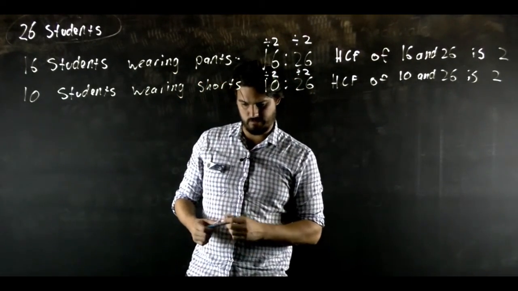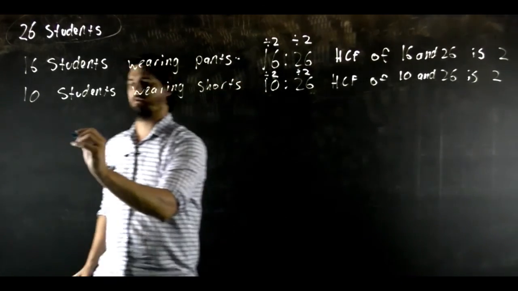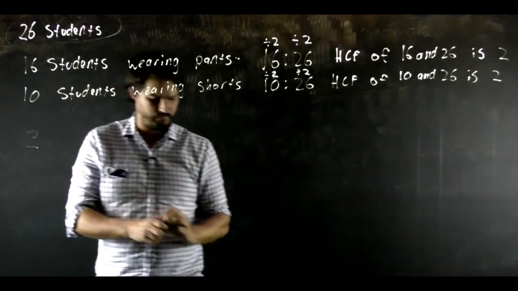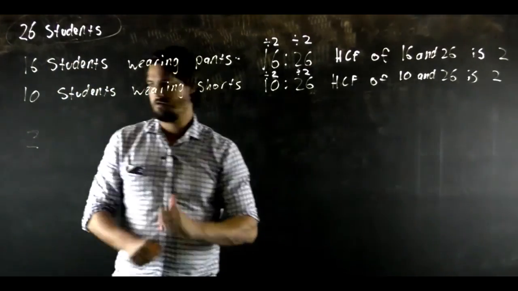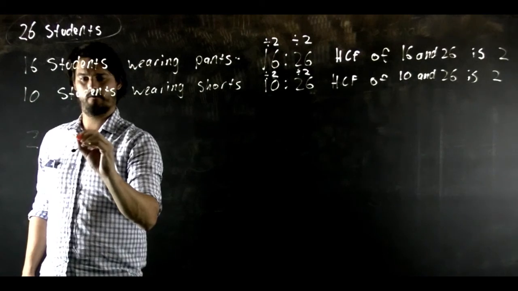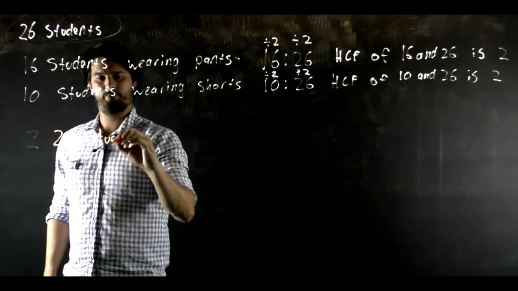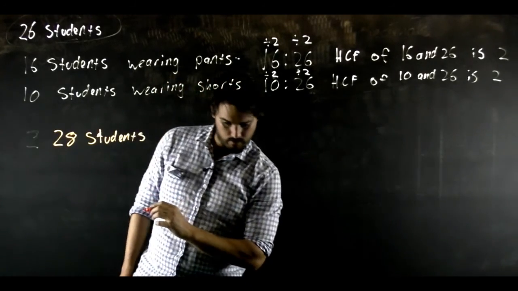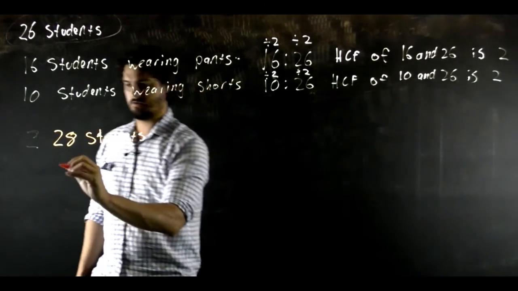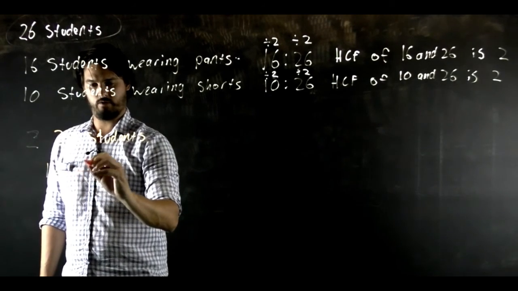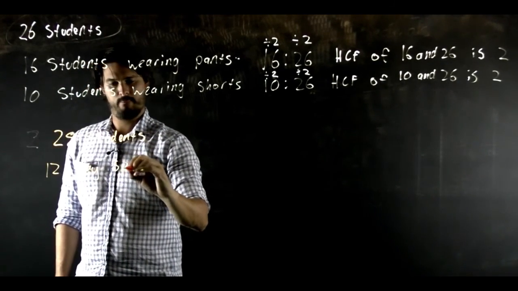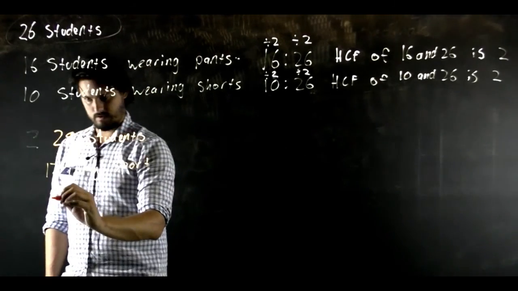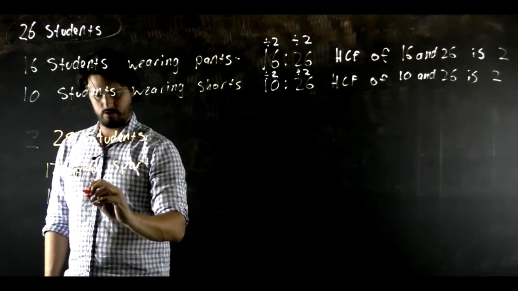A bit of a more difficult one. We're going to have a different class. This one has 28 students. We have 12 that play sport, and we have 16 that don't.